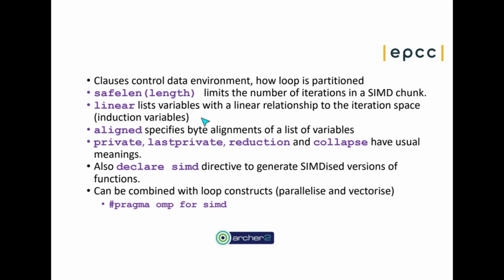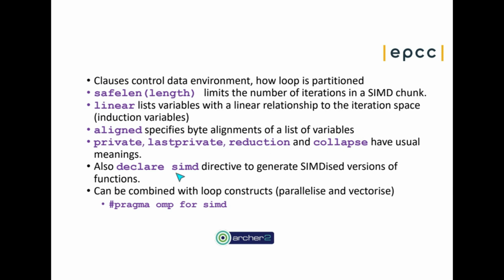We've already seen the alignment clause. You can also tell it about private variables and about reductions. You can also use collapse to unwind multiple loops in a loop nest and vectorize the resulting long loop.